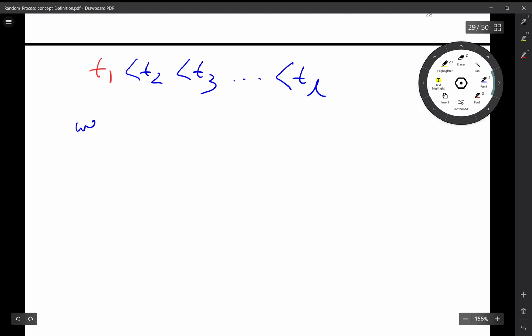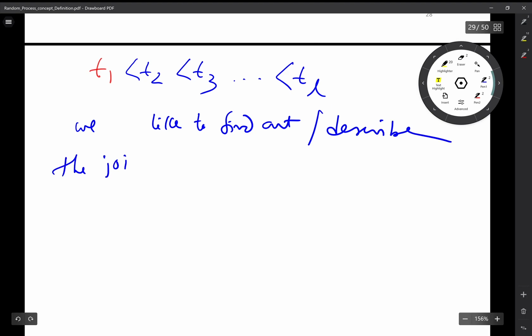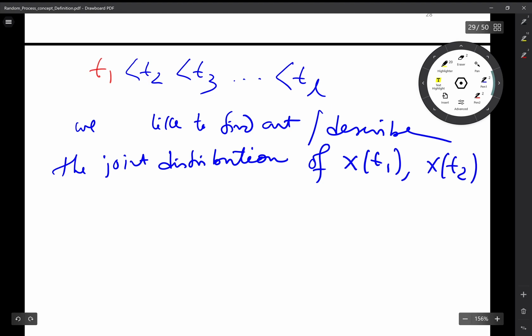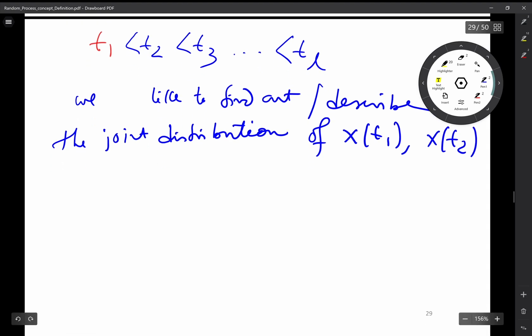We would like to find out or describe the joint distribution of x(t1), x(t2), and so on up to x(tL).